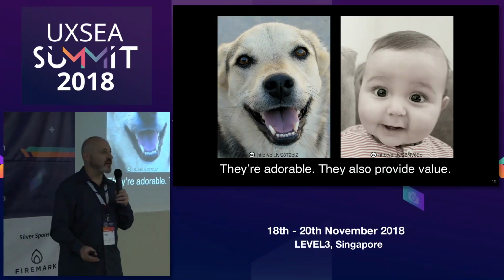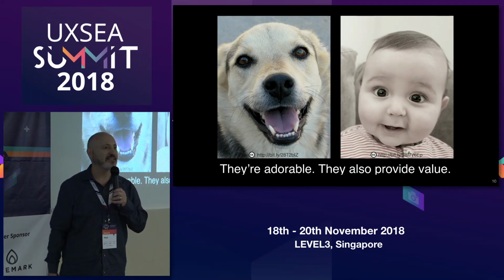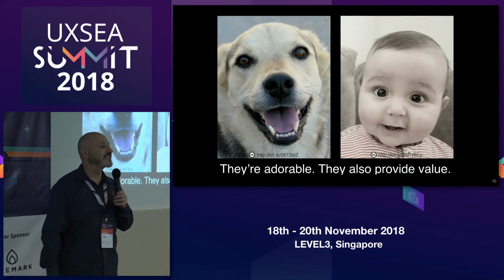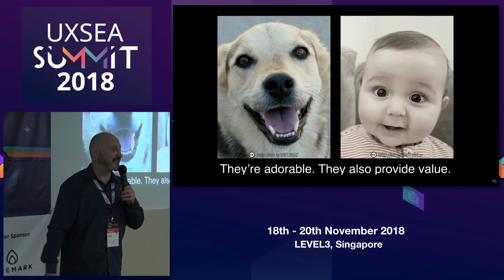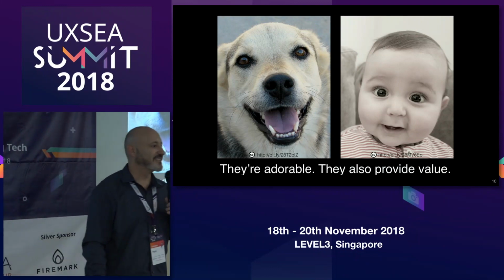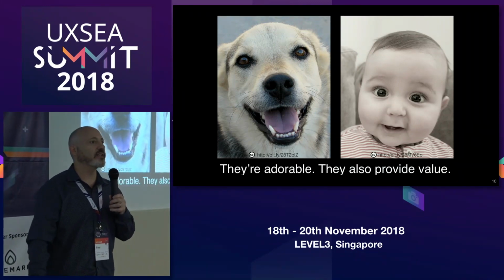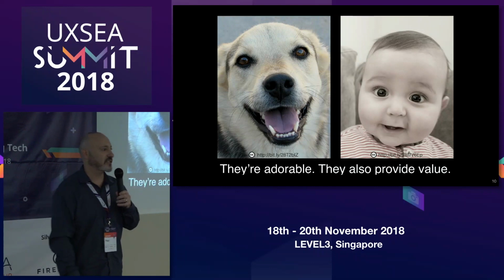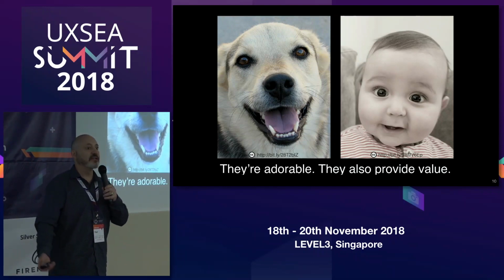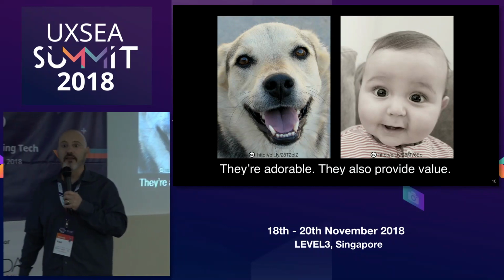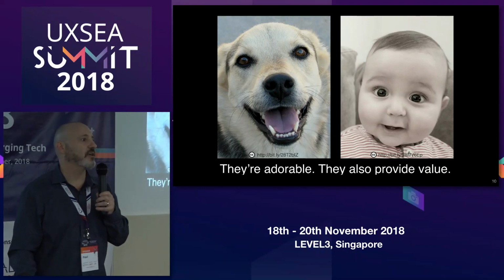And yes, they do quantify value for these things. Does anyone have any guesses? Yes, yeah, they're adorable. Yeah, will they bring joy to your life? And believe it or not, economists, especially behavioral economists, do actually quantify things like emotional experience.